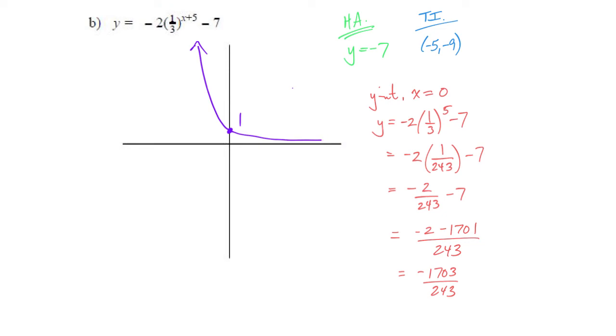But maybe I'm going to just get rid of that purple graph, and now I'm going to put on what I would deem to be my horizontal asymptote. I'm going to call that y equals negative 7. Notice, by me making that be y equals negative 7, that allows me to say, well, I have my new y-intercept at like negative 7 and a bit.